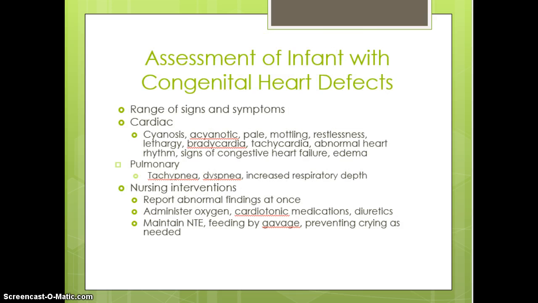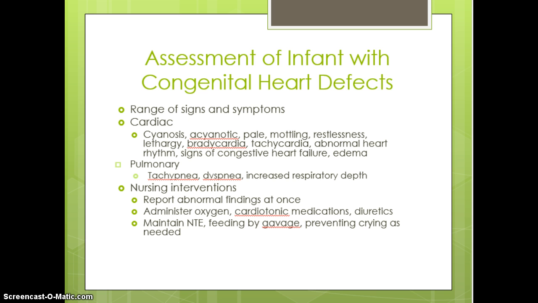It just depends on the situation. The signs and symptoms range in severity. With a cardiac congenital heart defect, you're going to see cyanosis, pale mottling, bradycardia. If it's on the pulmonary side, we see tachypnea and dyspnea.